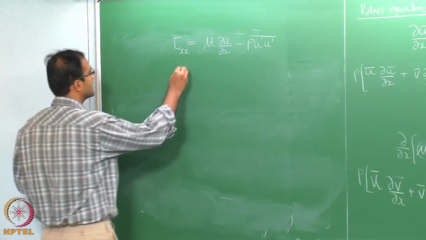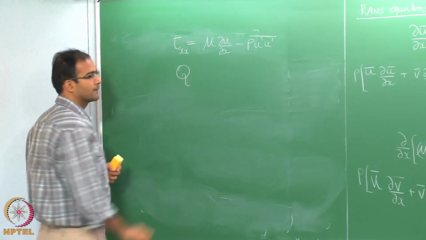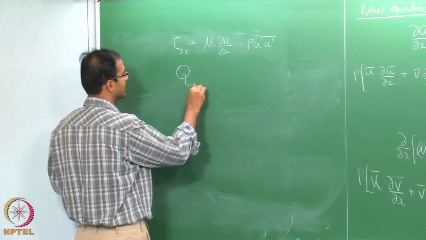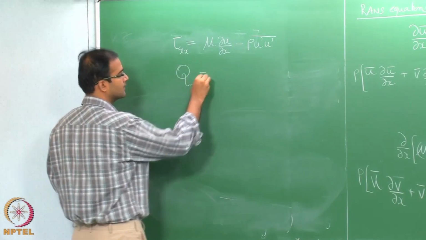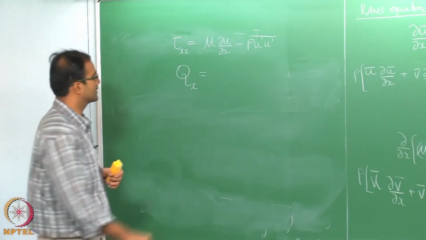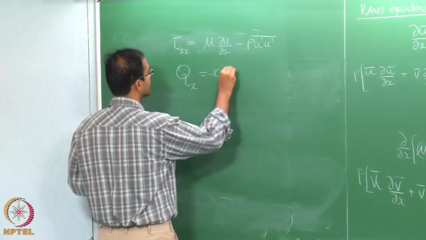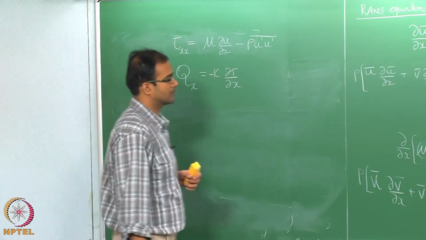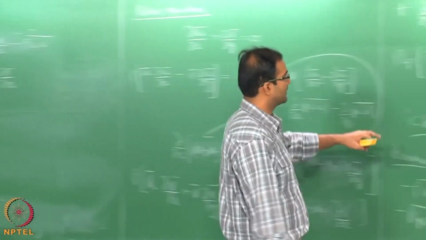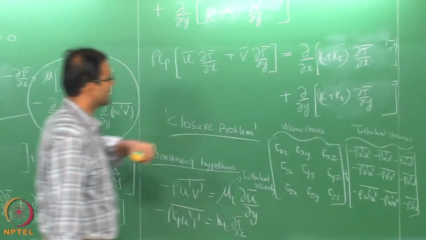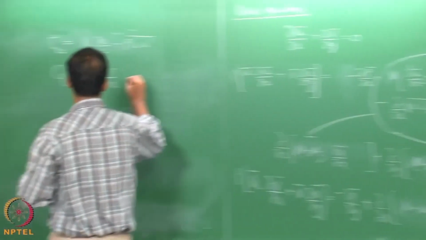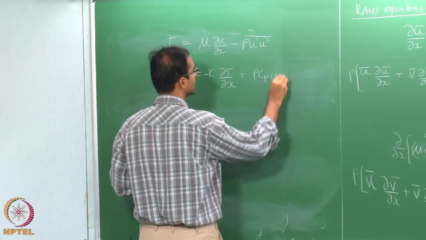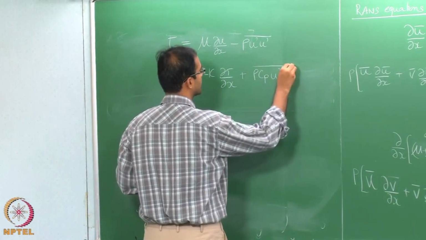Similarly, for the heat flux. When we say heat flux in the x direction, how do we calculate it now? This is minus k dT by dx, then plus we have rho Cp u prime T prime bar.